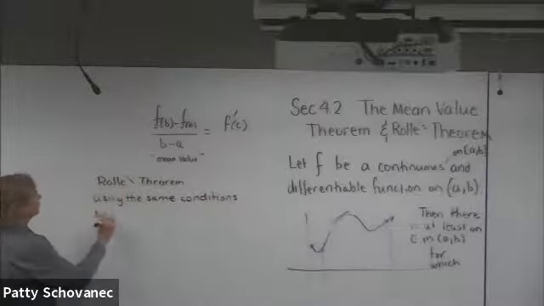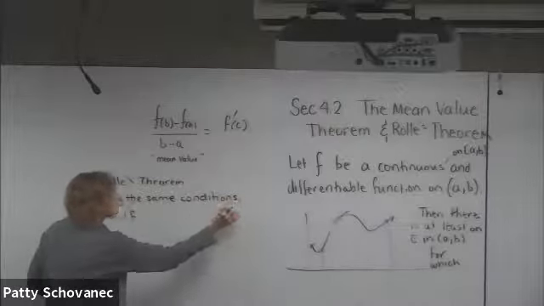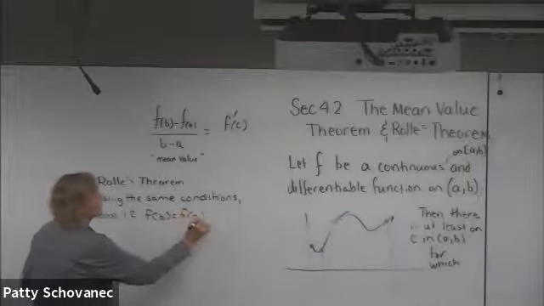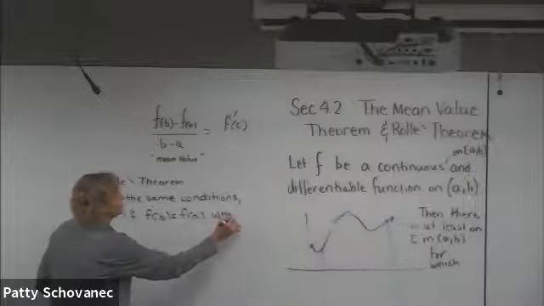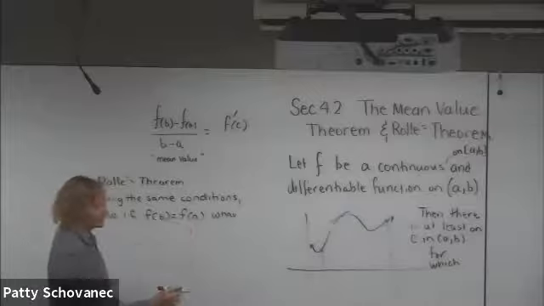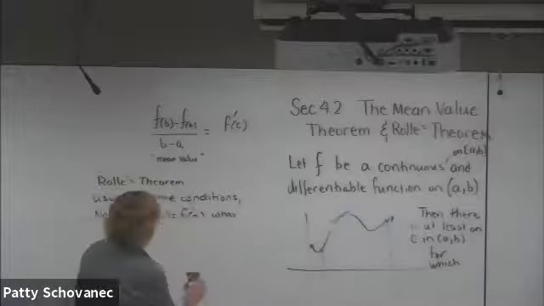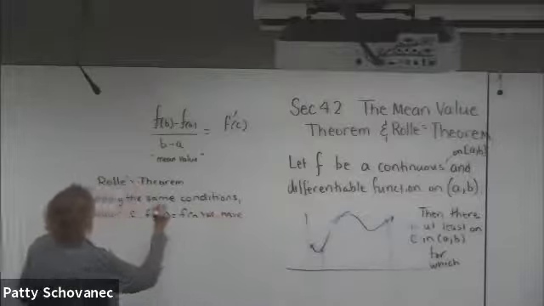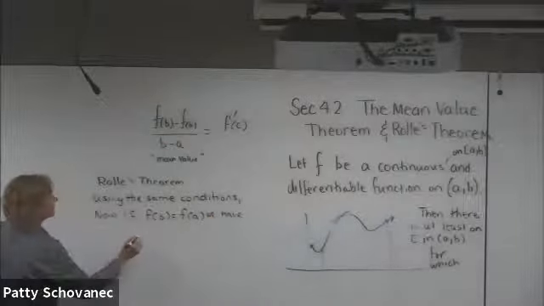Now, if f of b is equal to f of a, we have that numerator is 0.